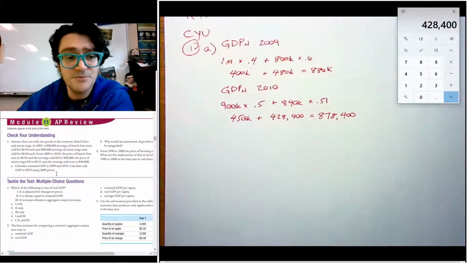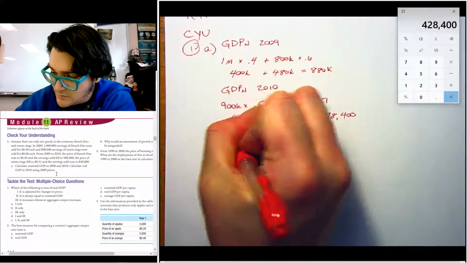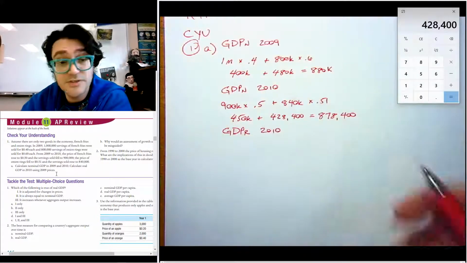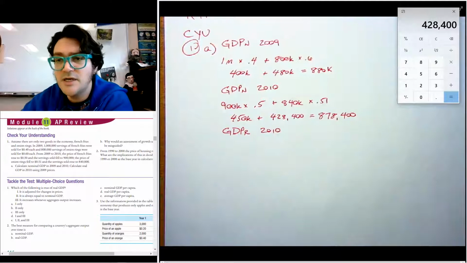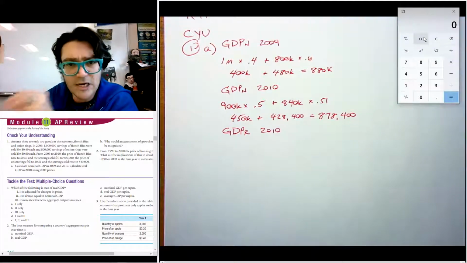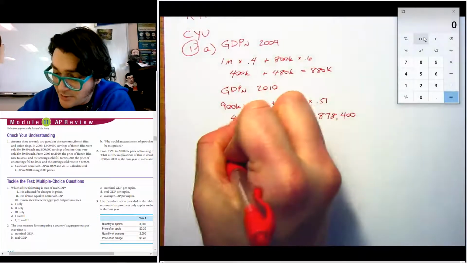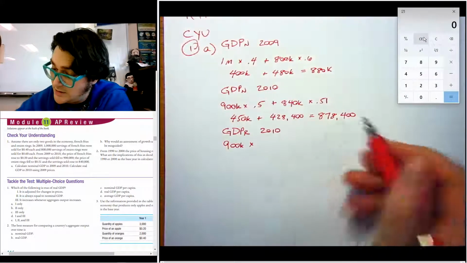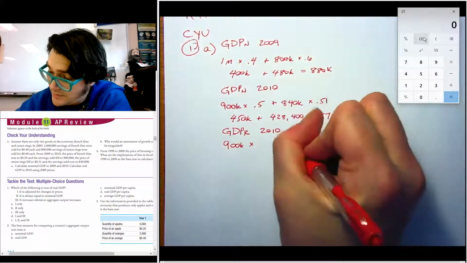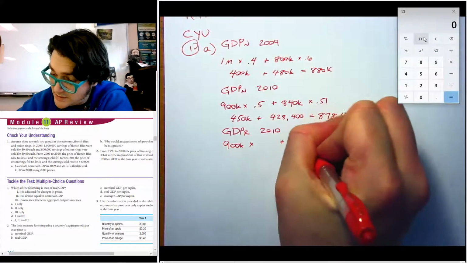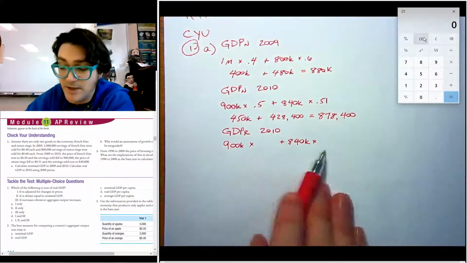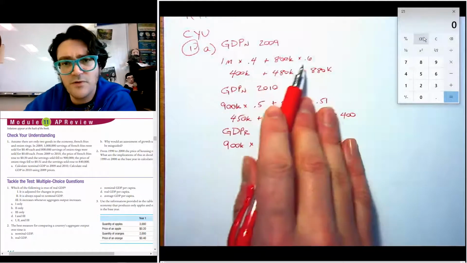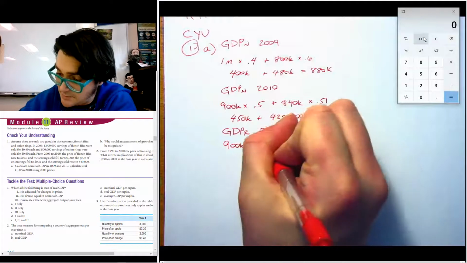And then we need real GDP in 2010. GDPR 2010 using 2009 as the baseline. So we're going to use 2010's output, which we already have written up here. We have 900,000 times, and then we add the 840,000 times the 2009 prices, which we have up here as 0.4 and 0.6.